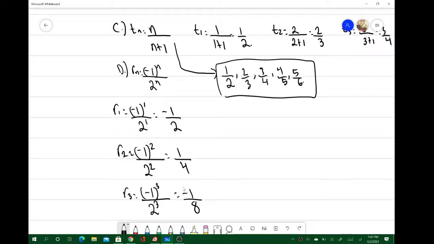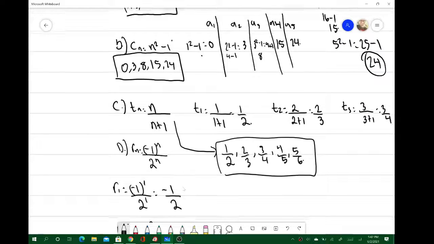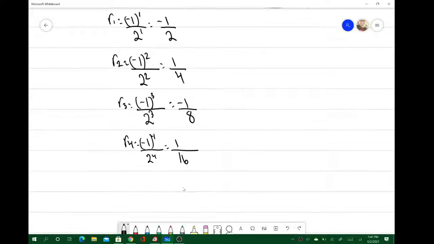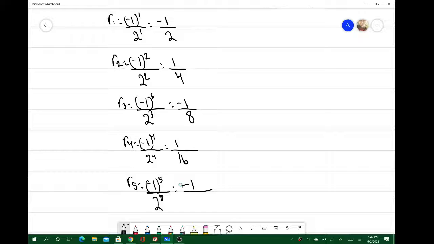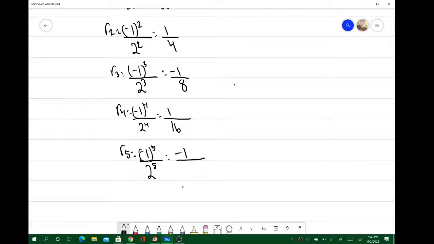And then r sub 5 is -1 to the fifth power over 2 to the fifth power, which is -1 over 32.